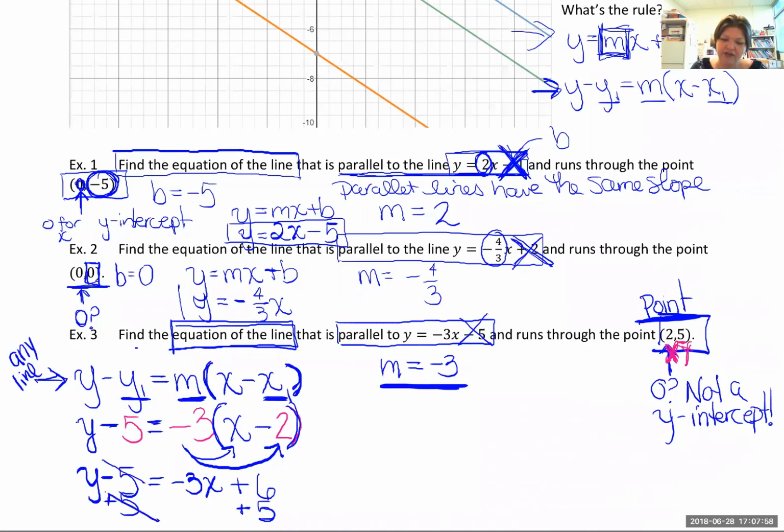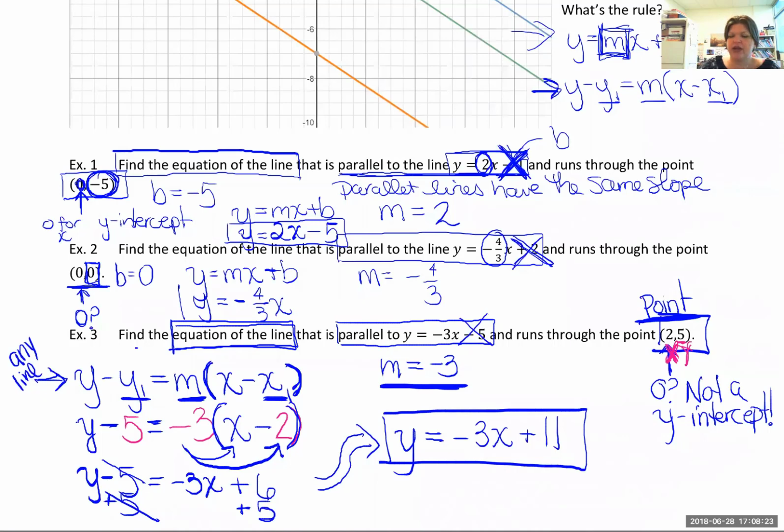But subtracting 5 and adding 5 cancel, so that all that will be left on my left-hand side is y. And on the right-hand side, I didn't combine anything with my -3x, but +6 and adding 5 to +6 gives me +11. And so this is my final answer. Y equals -3x + 11.